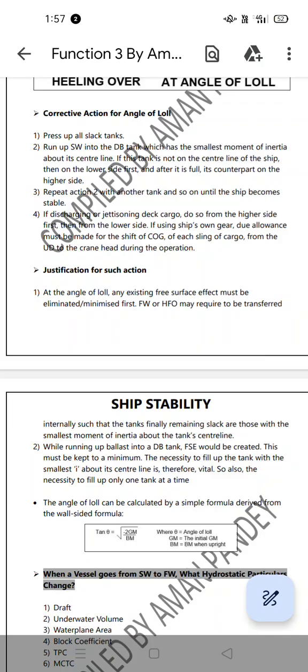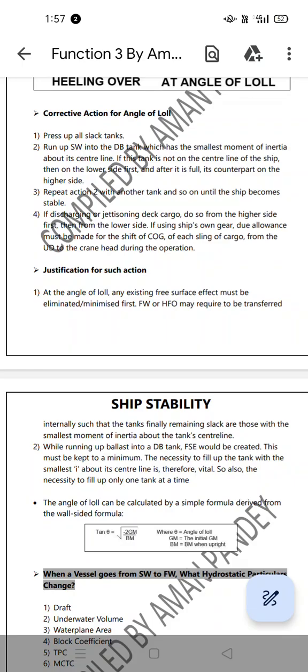Apart from that, we have to look for any FSC tank, then fill it and press up all slack tanks. Run up seawater into a DB tank which has the smallest moment of inertia about the center line and is not on the center line of the vessel, then on the lower side first, and then after it is full, its counterpart on the higher side, and so on.